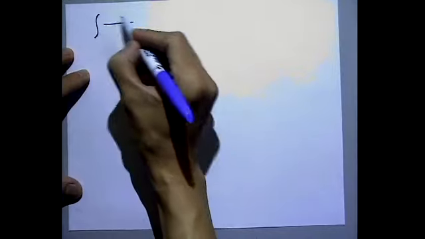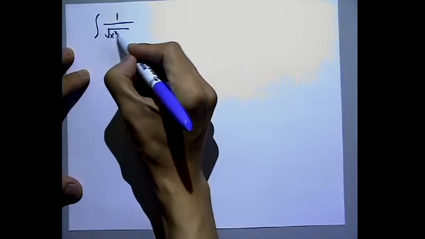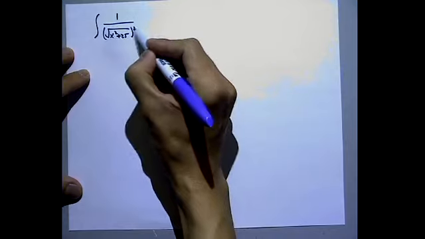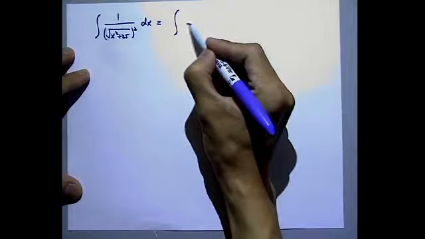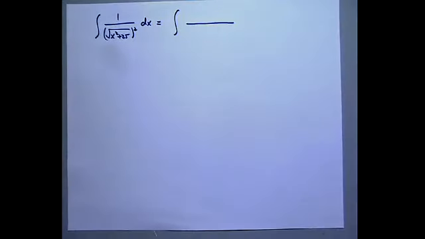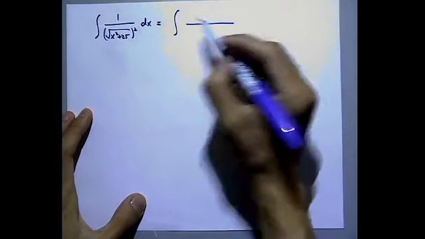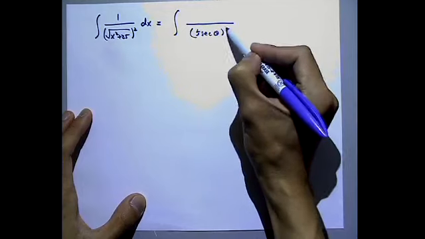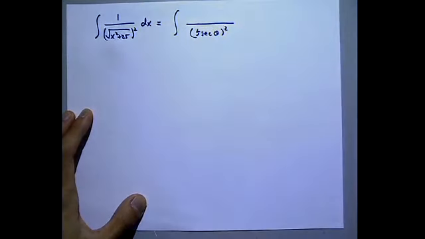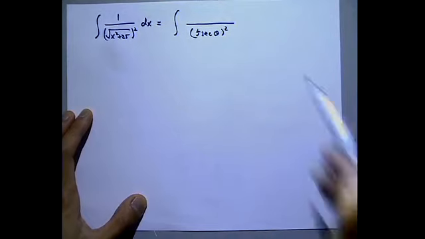Now let's integrate the last one. According to the substitutions we made, this guy turns into 5 secant, it gets a squared. And then upstairs is dx, and dx is 5 secant squared.